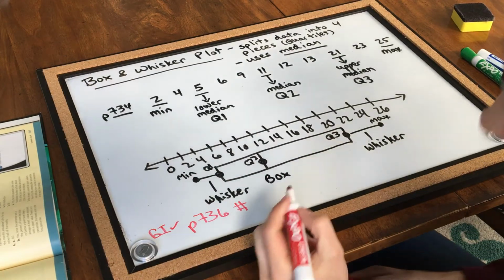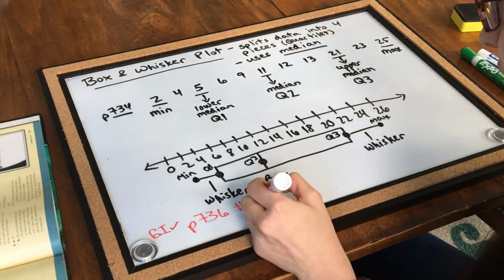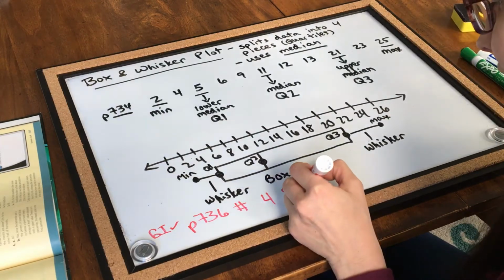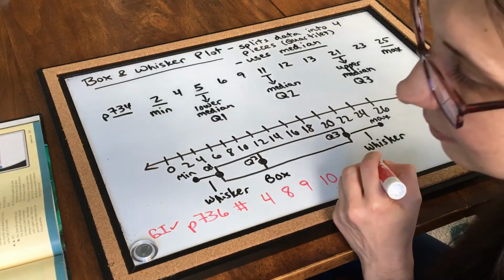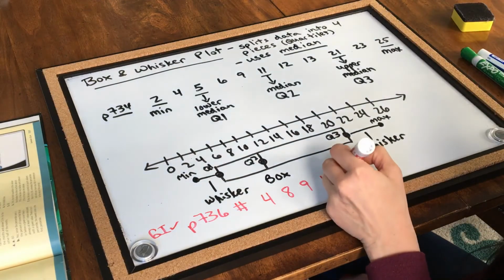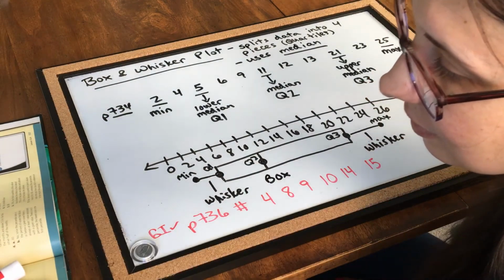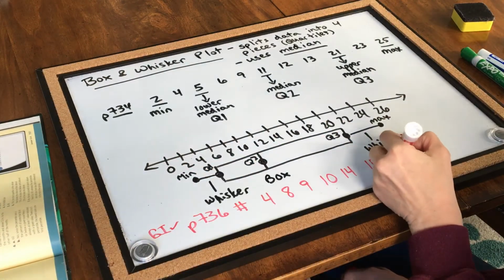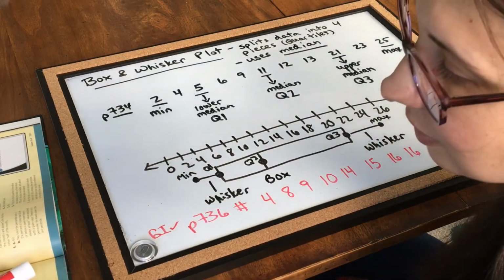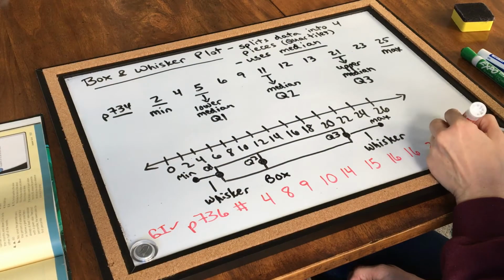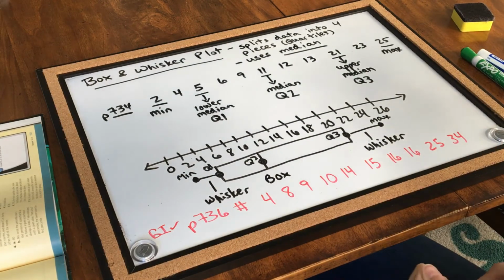So our data points are going to be 4, 8, 9, 10, 14, 15, 16. I've got 2 of those. And then I have 25 and 34. Okay, pause the video. When we come back, we'll make a box and whisker plot.